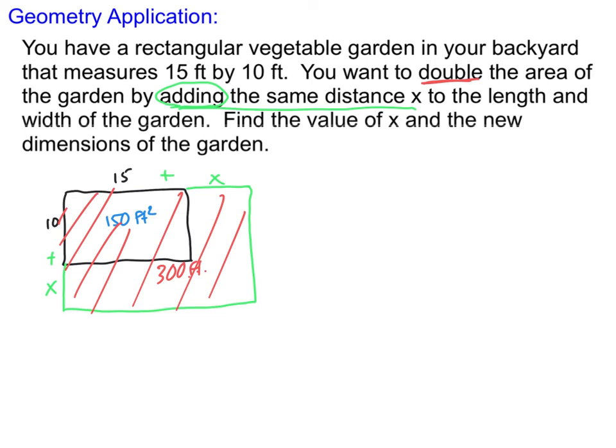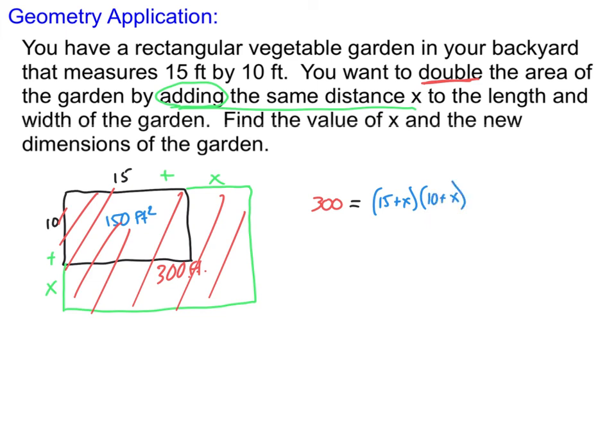So I got to find the new value of x. Well, I have 300. That area is equal to, well, what's the length? The new length is 15 plus x. The new width is 10 plus x.